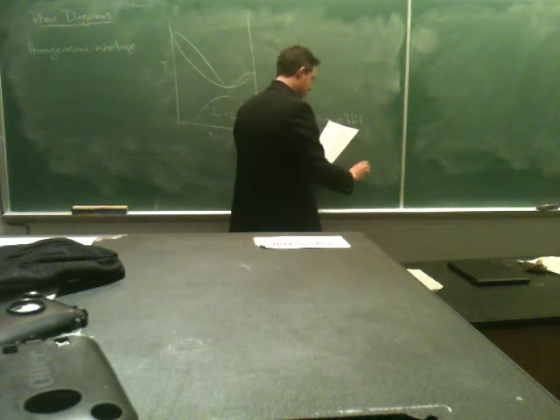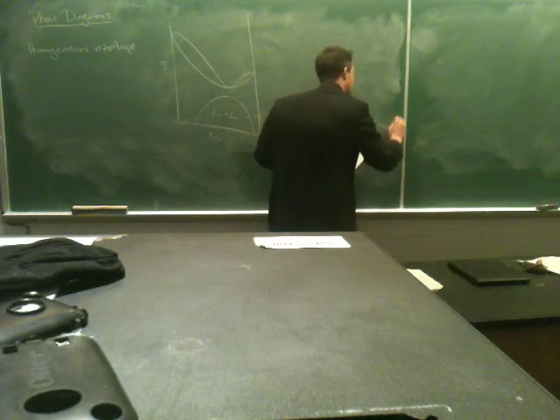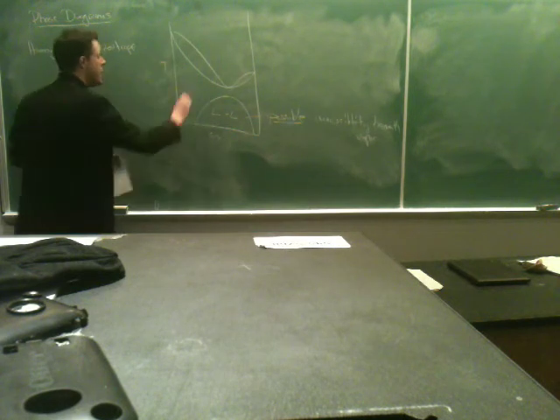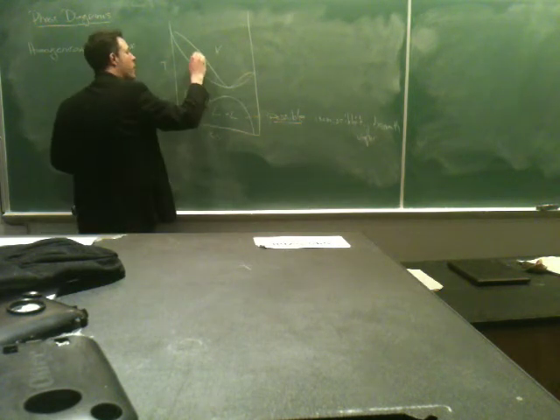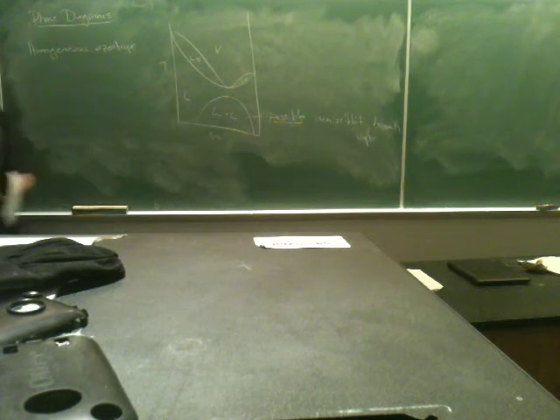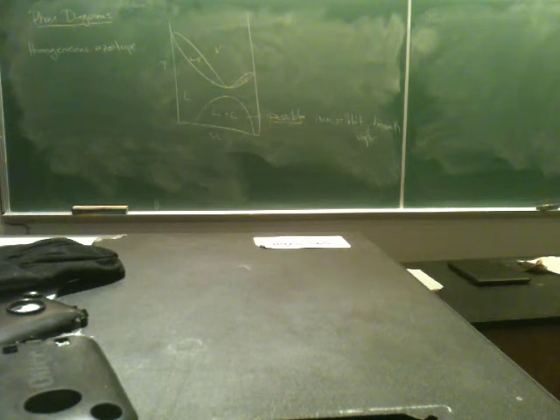Immiscibility beneath. Just so that we're all on the same page, this is liquid, this is vapor, and this is the VLE. But then we have a liquid-liquid equilibrium happening here. What does that mean? I'm going to get into it in more detail. We're going to talk about it a lot for the rest of this lecture and all of next lecture.